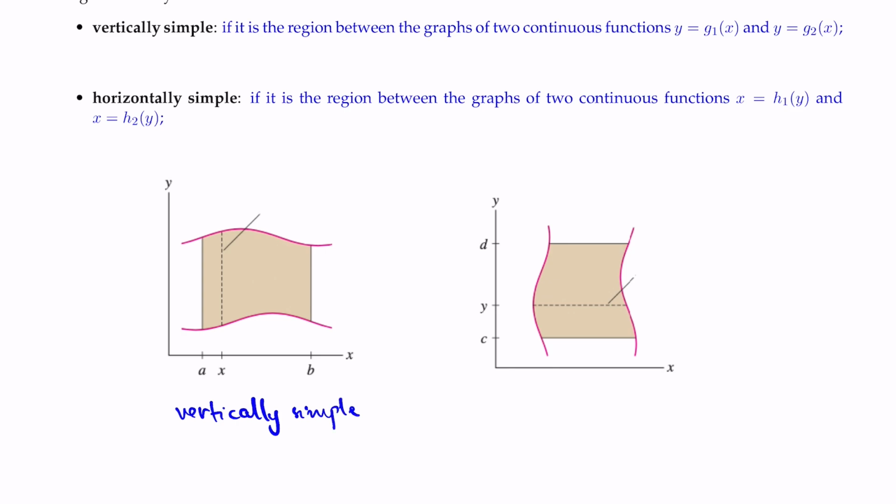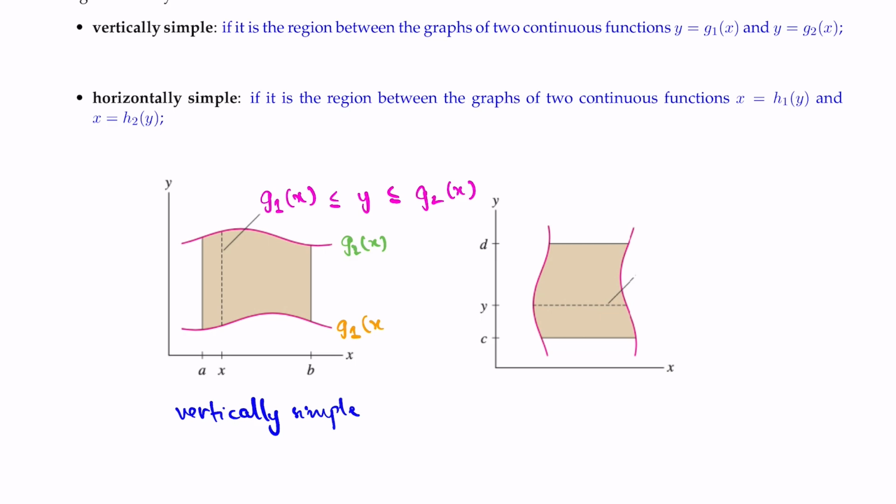domain, where x is bounded between a and b, and y is bounded between two functions, g1 of x and g2 of x. Here I want to note that this function is g1 of x, and this function is g2 of x. The domain D is horizontally simple if it is the region between the graphs of two continuous functions, x equals h1 of y and x equals h2 of y.